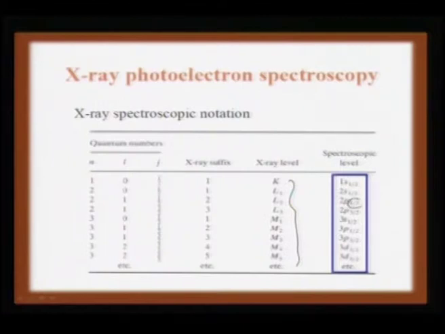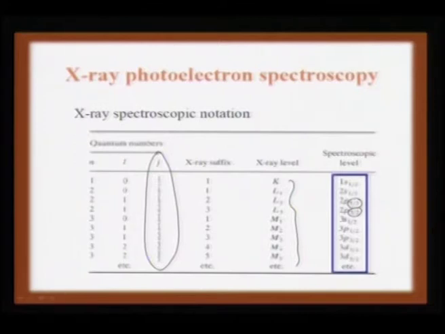The suffix that we are looking at is mainly coming from J, and J is nothing but spin orbit coupling. L is your orbital angular momentum quantum number. Therefore, the L and the spin of the electron will couple together and give a half.